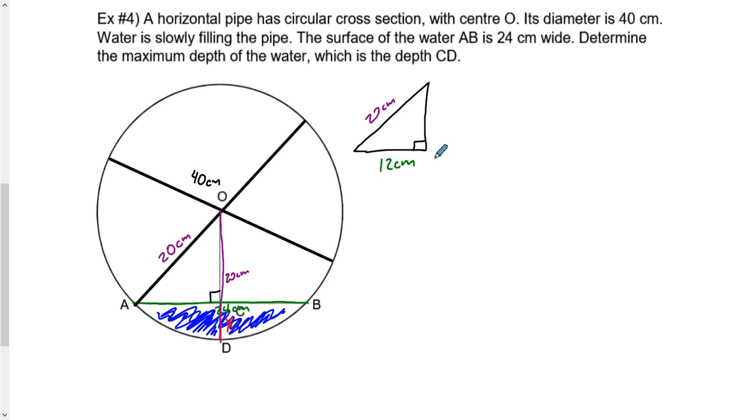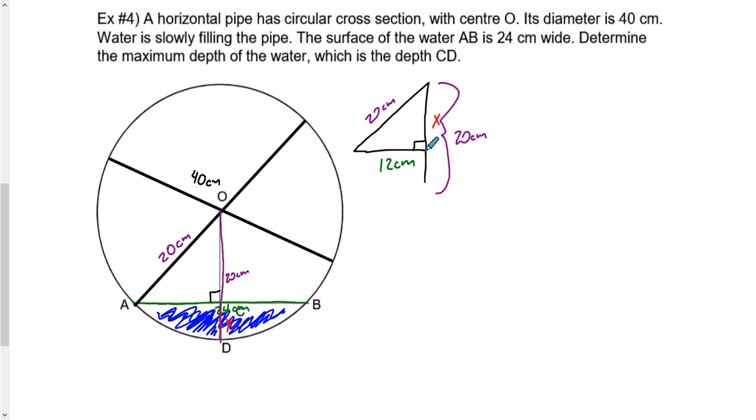Now, of course, we know that from the center all the way down to the edge of the pipe is 20 centimeters. But we don't know what this part is. So we know that this entire thing is 20 centimeters.